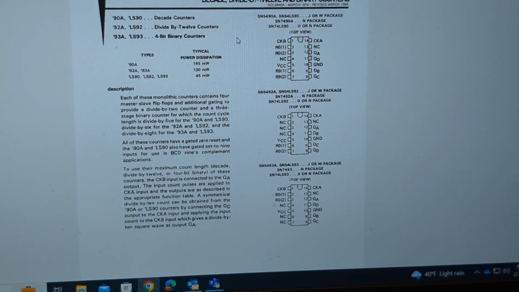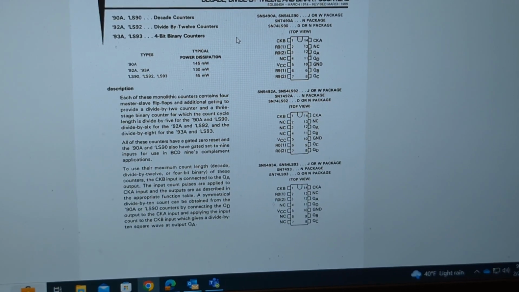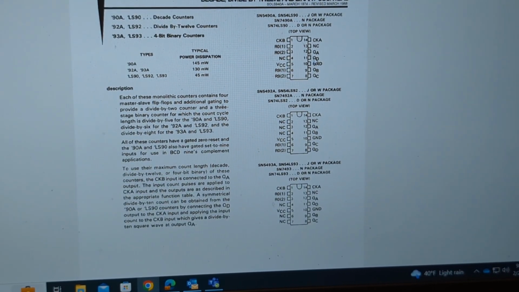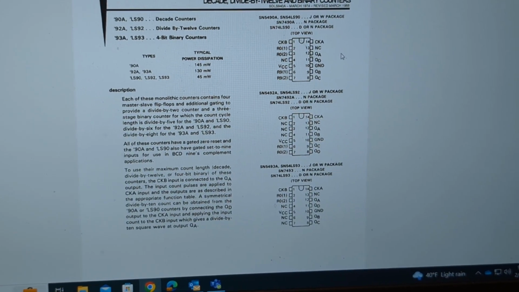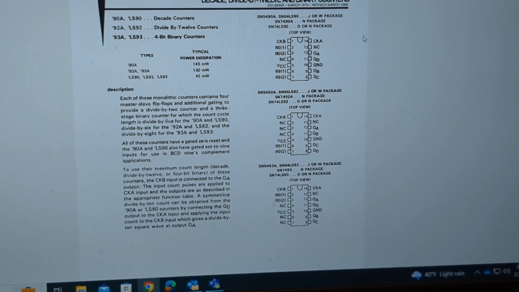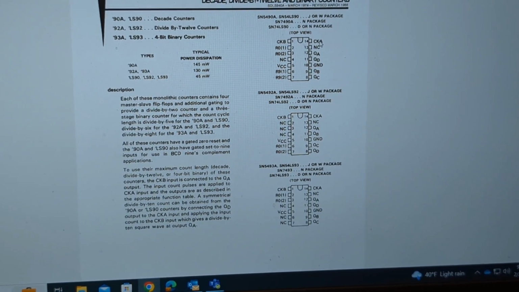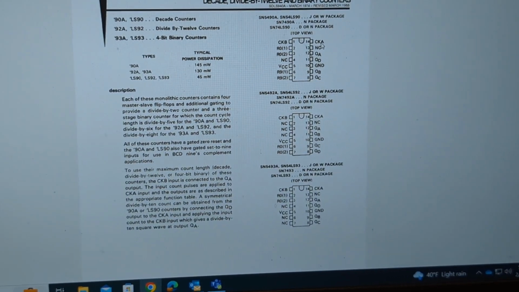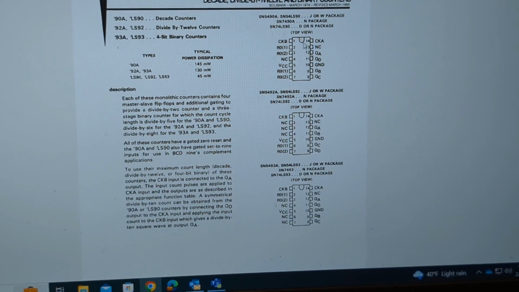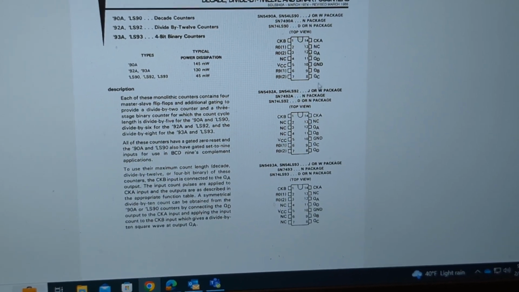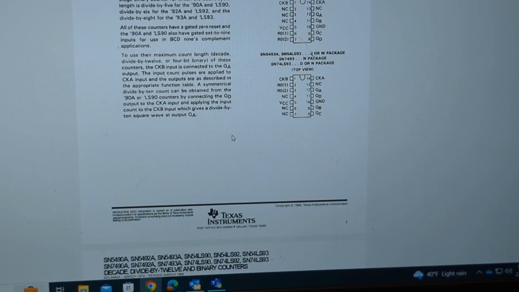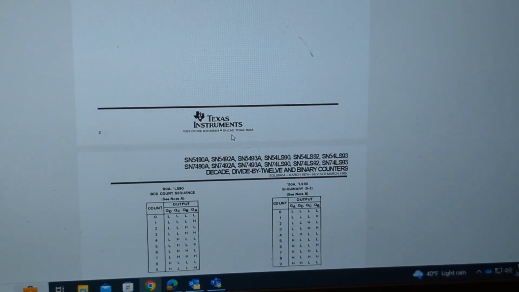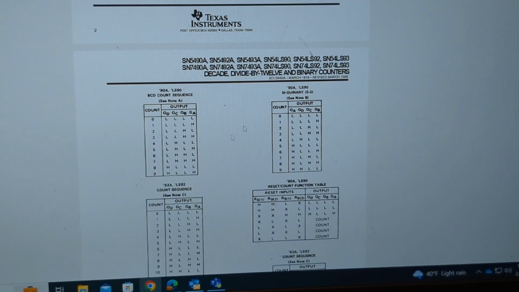Those are basically the outputs of 4 internal flip-flops, and they will output a signal that is flipping between 0 and 1 at a rate or frequency based on the clock signal that is input into the chip at pin 14. And you can see what that count sequence looks like right here.